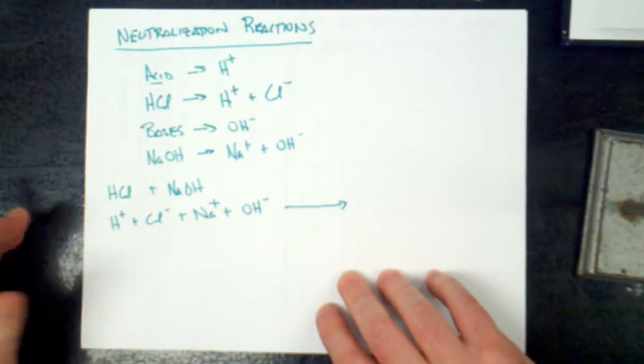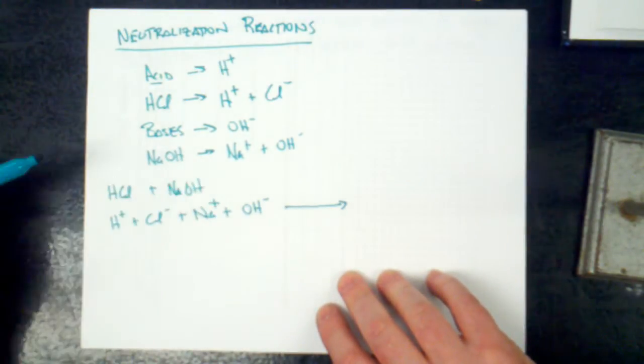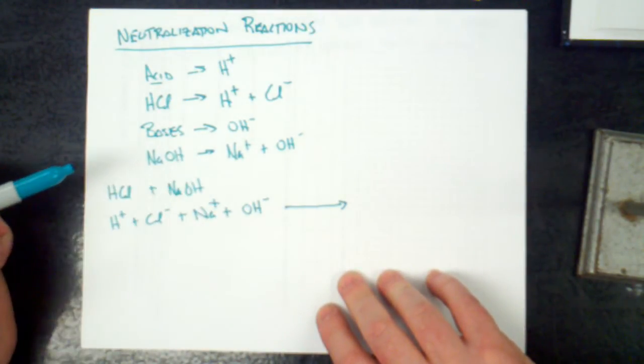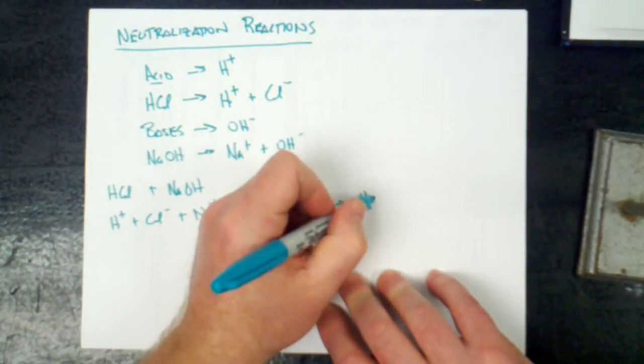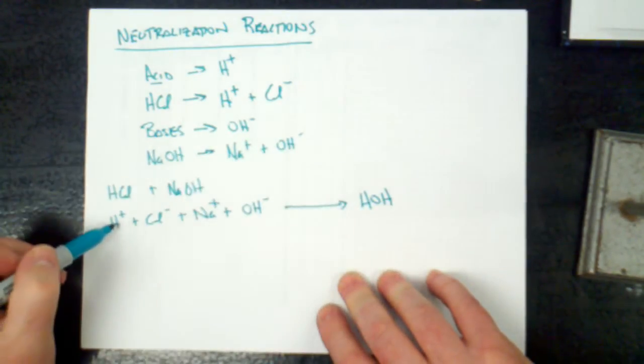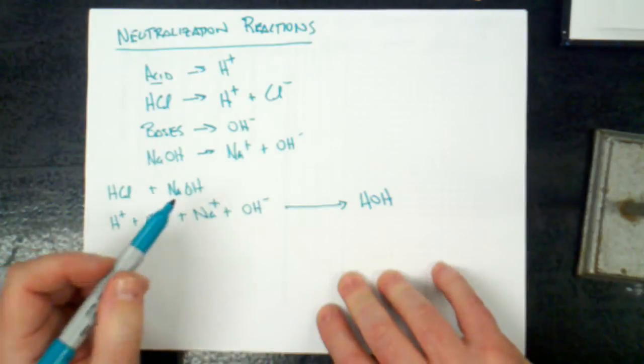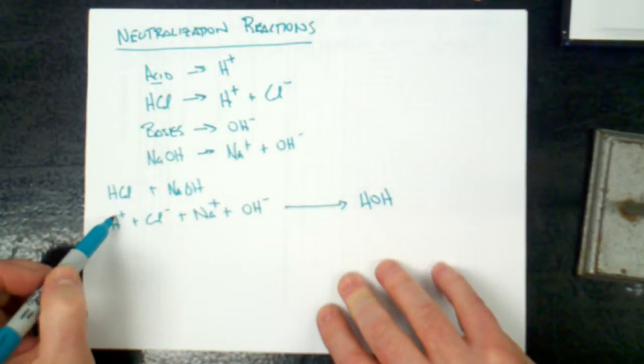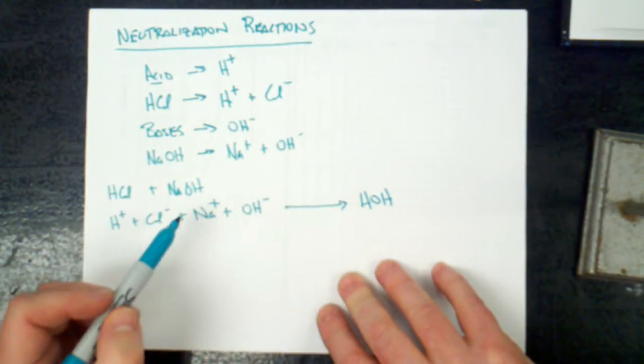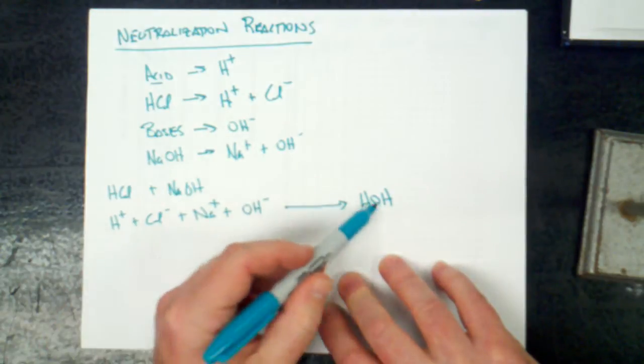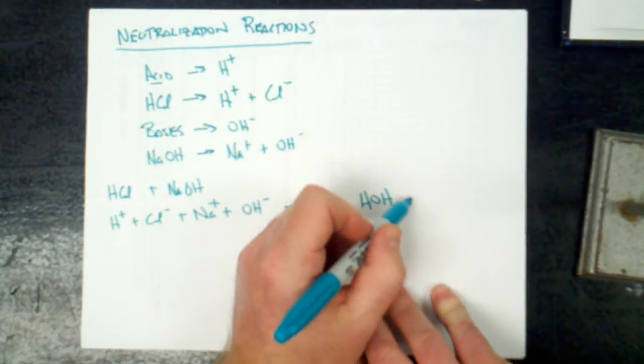What happens is that the hydrogen ion and the hydroxide ion combine to form water. I'm going to write that as an H and an OH so that you can see that the hydrogen ion here produces this H, and this OH together produces the other half of the water.